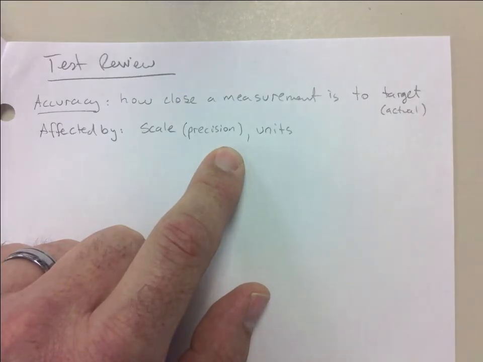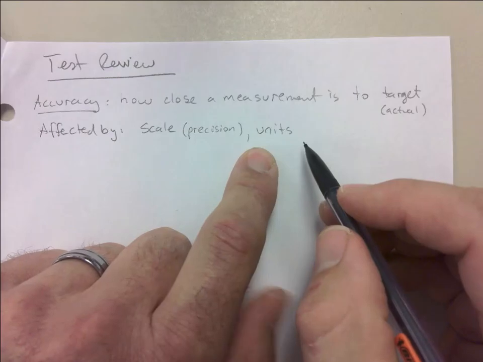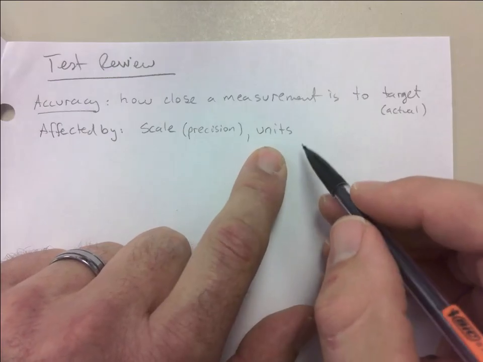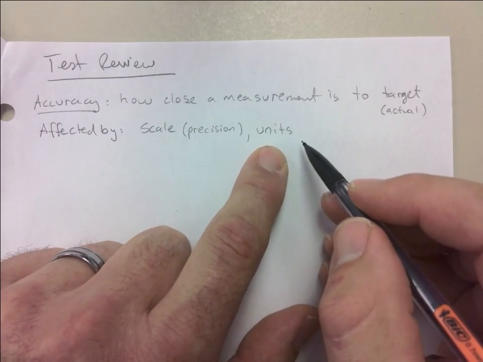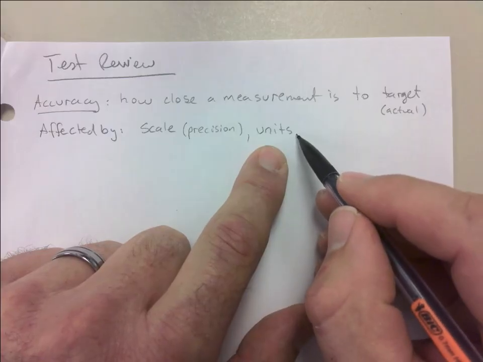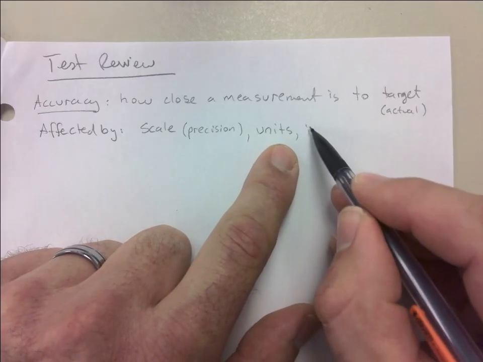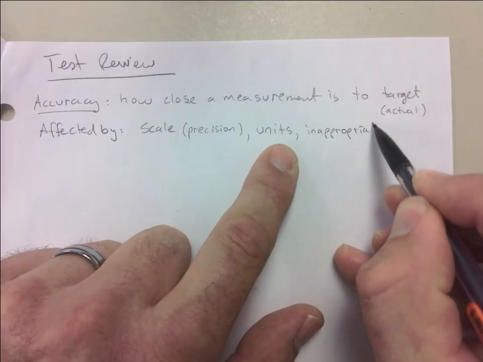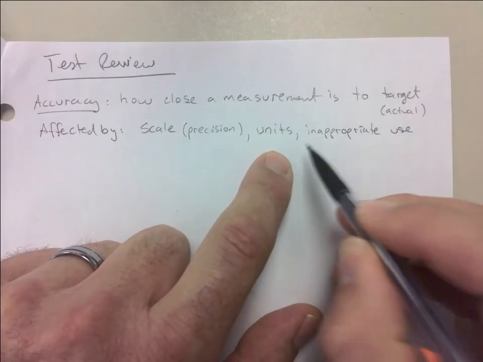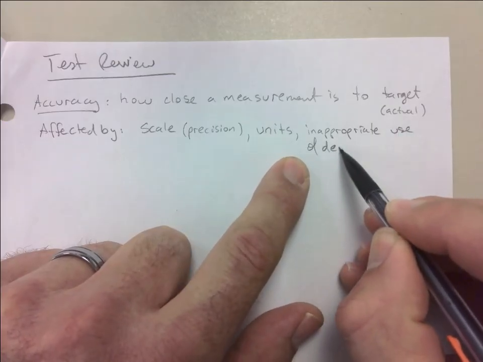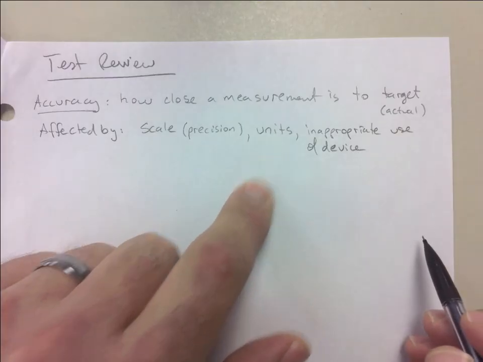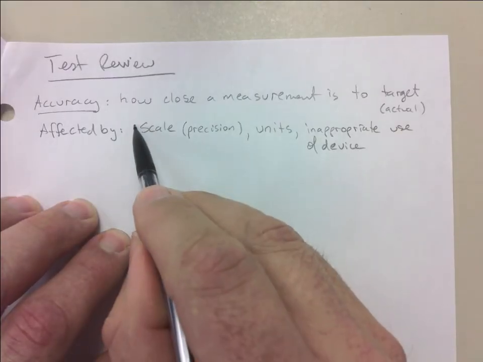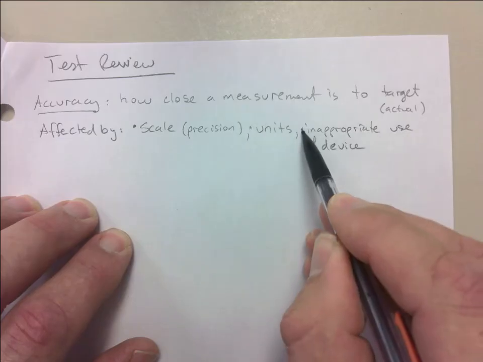So if you're using a handspan, not good, right? If you're using meters, that's standard, right? Cups, teaspoons, tablespoons, all of that, as well as inappropriate use of device. These are all little bullets, right?